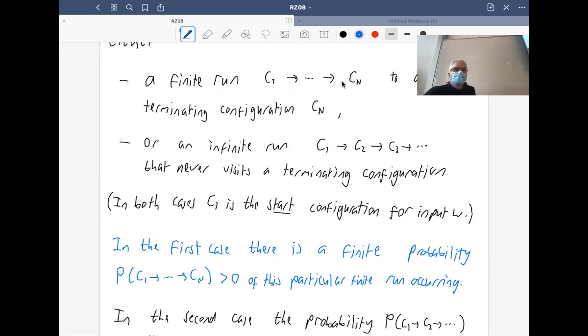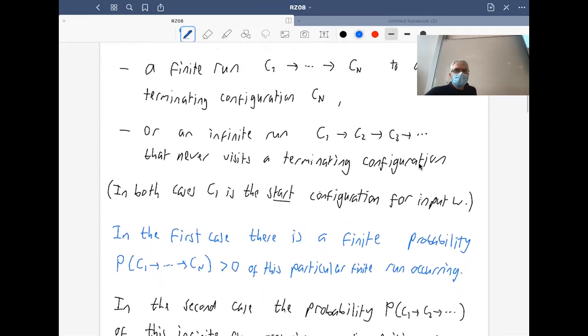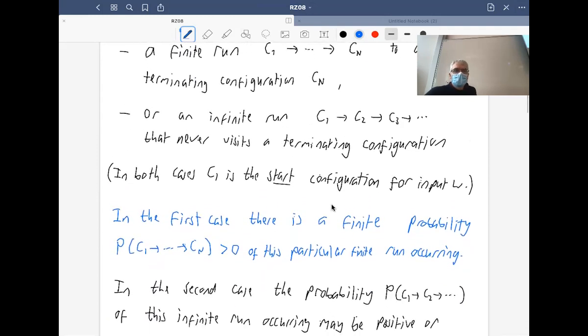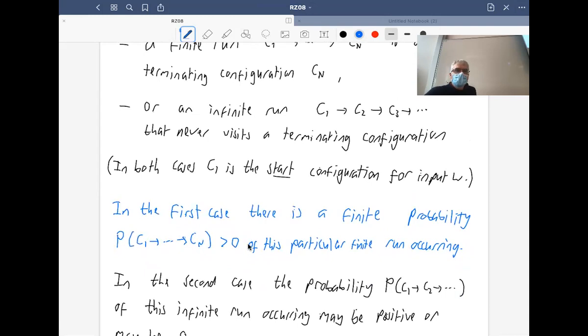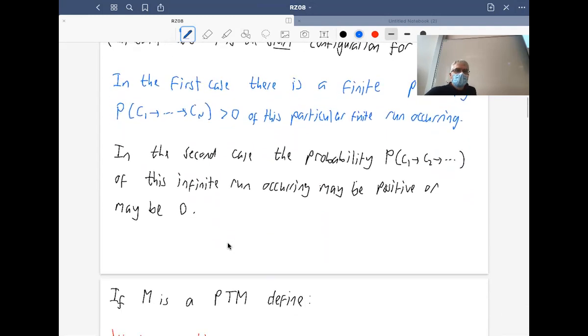So it's going to be some finite non-zero probability of getting that run. Whereas if we had an infinite run, we may have had infinitely many probabilistic choices along the way, so there may be a 0 probability of getting that run. But we're going to be more interested in finite runs. So in the first case, when you have a finite run of the Turing machine, you do have a non-zero probability of that particular run occurring.